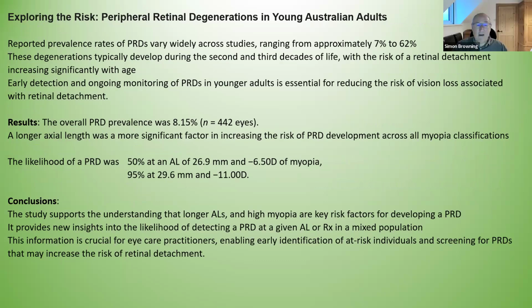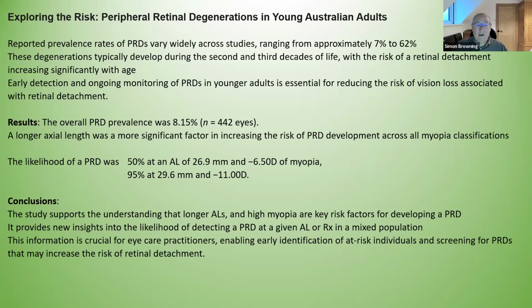And the likelihood of PRD, 50% at 26.9 millimeters, 95% at 29.6 millimeters. So this is information that is crucial to us, and as it says here, it should be something we're bearing in mind with our patients all the time, because we should be able to pick out our patients who are at risk, and we should be screening those patients regularly for peripheral changes and increased risk of retinal detachment.